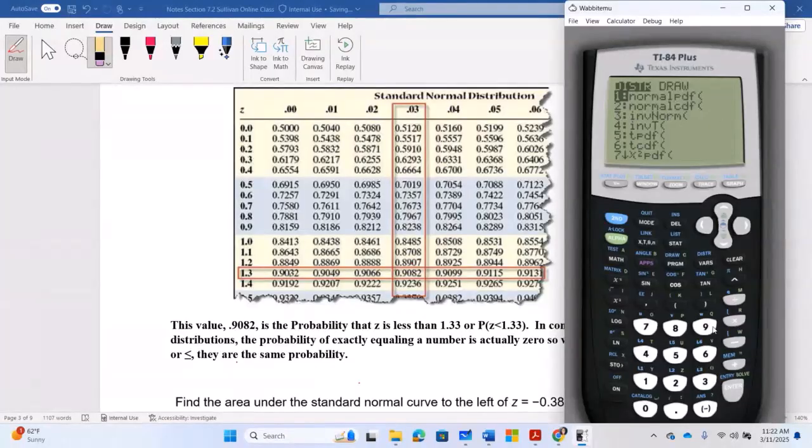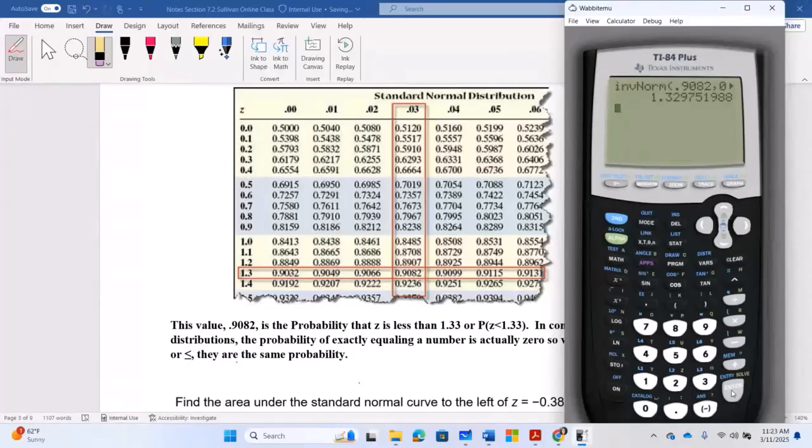So inverse norm, which is number 3, and then the area under the normal curve that I'm told to find is 0.9082. The mean of a standard normal is 0, standard deviation is 1, and I'm going to calculate.